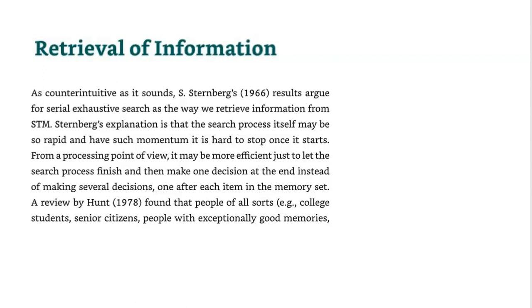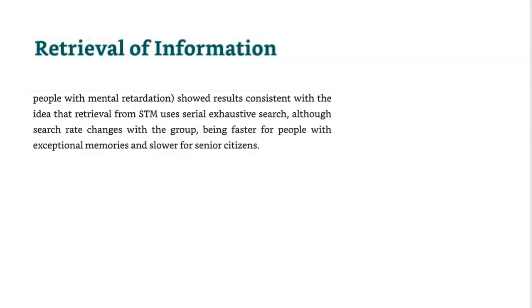And from a processing point of view, it may be more efficient just to let the search process finish and then make one decision at the end instead of making several decisions, one after each item. And this may be a suggestion that people with better working memories are better at this sort of task to begin with. So we wouldn't expect that.